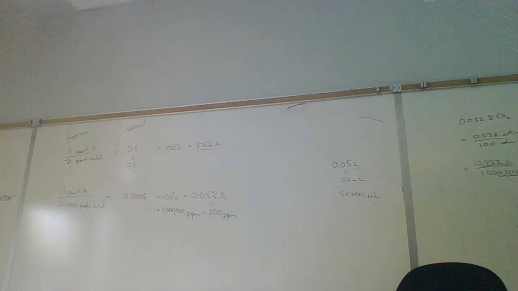Do you see that? So 320 parts per million. To get it back into fractional form, it's 320 out of a million. To get percentage into fractional form, we just divide by 100. To get ppm back into fractional form, we divide by a million, rather than 100.